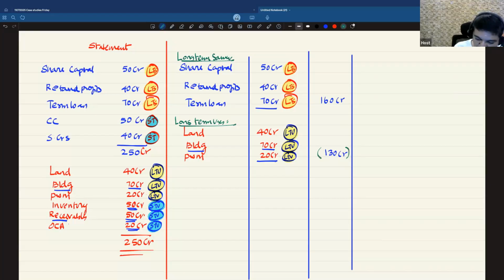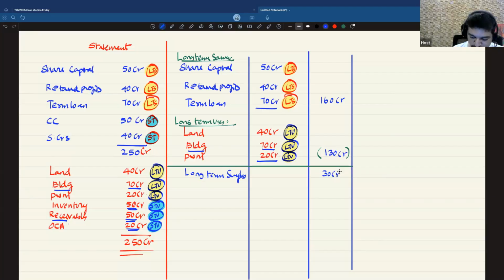It means on the long-term front, you have surplus or deficit. The long-term source is 160 crore, whereas usage is only 130 crore. It means what you have is long-term surplus, and that is 30 crore.